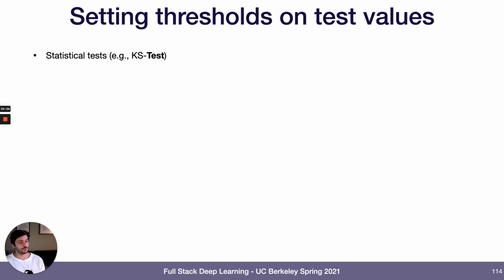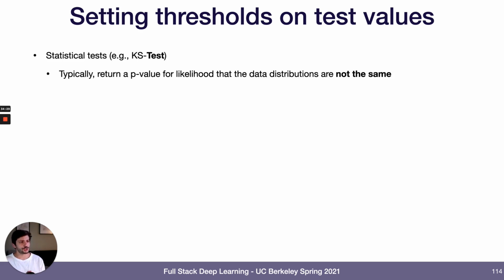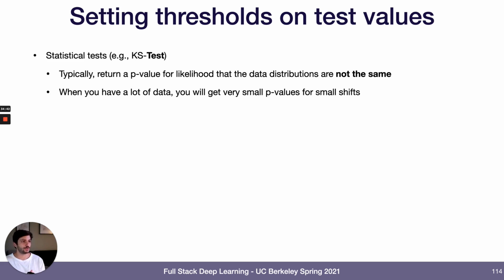The canonical example here would be using the KS test as opposed to the KS statistic. The KS test is a way of getting a p-value for whether these two samples of data came from the same distribution or not. Unfortunately, this is the wrong thing to measure for detecting data drift, because when you have a lot of data, any kind of minor change in the distribution, even one that's completely insignificant, is going to give you tiny p-values.